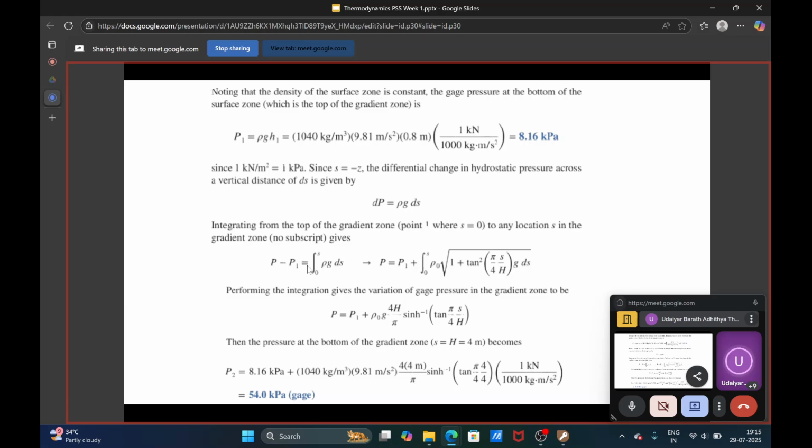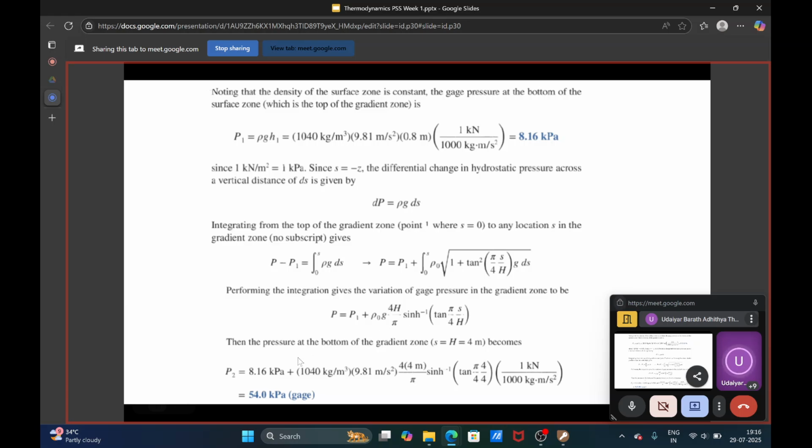So we get P minus P1 at any location is the integral from 0 to S, where S is your height from the reference, of rho g ds. We know the equation of rho, so substituting that, we get rho naught root of 1 plus tan square pi by 4 S by H, g, into ds. Integrating this, P is P1 plus rho naught g 4H by pi sinh inverse tan pi by 4 S by H. So this is what you get.